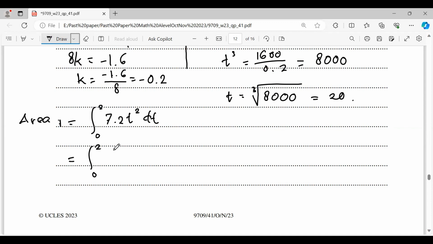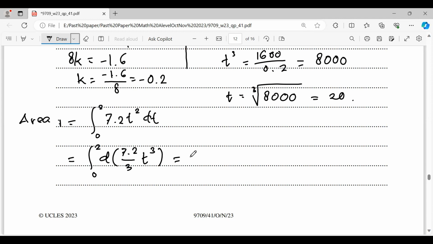The integration of this 7.2 t squared is 7.2 over 3 t to the power 3, and then after that substitute 2 and 0.